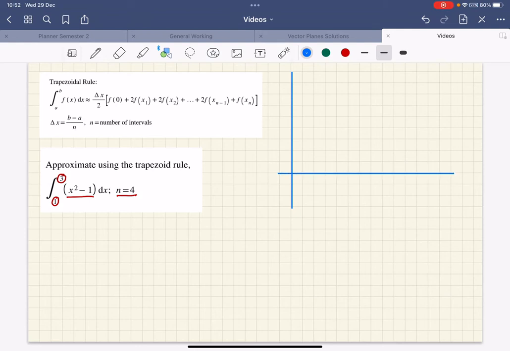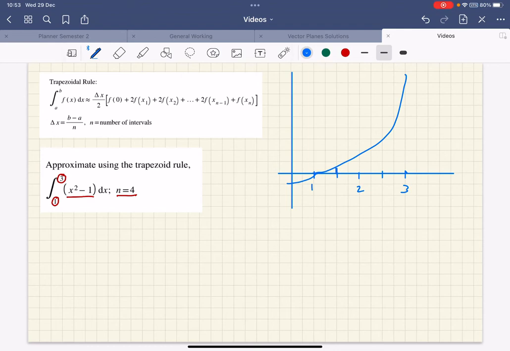We'll start off with our 1 there, our 1.5, 2, 2.5, and 3. And we'll draw our curve, which is kind of an x squared. It's not quite right, but it's only a sketch.